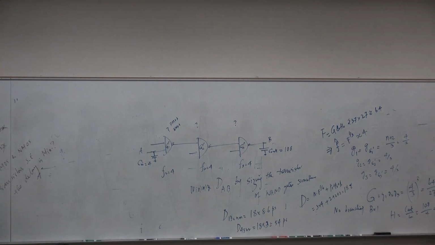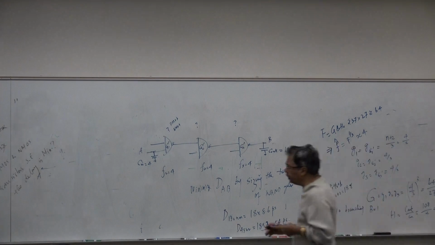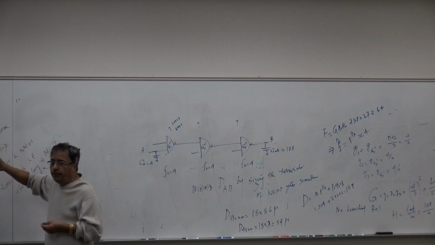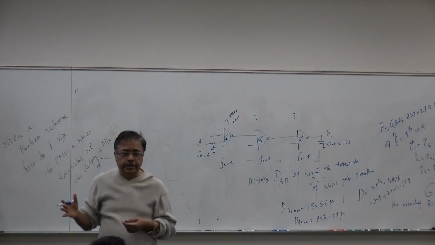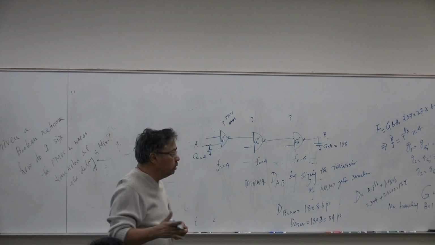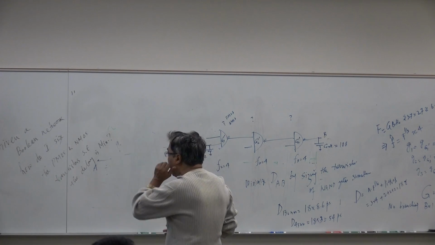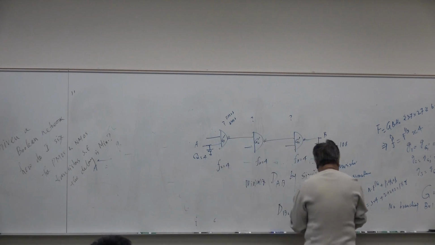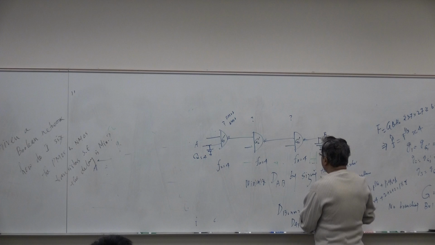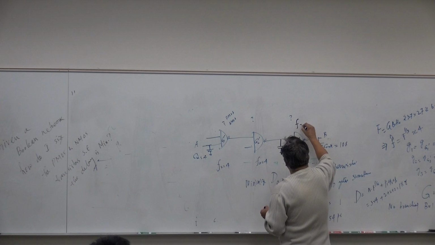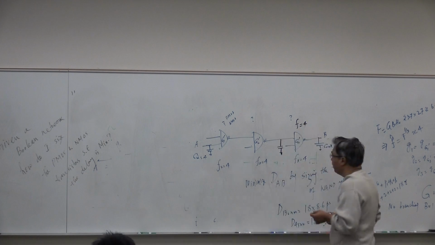But you have still not answered this question: how am I going to find out from this what should be the sizes of the PMOS and NMOS transistors? In order to do that, we'll now have to extrapolate the value of the capacitance here so that the stage effort is 4.